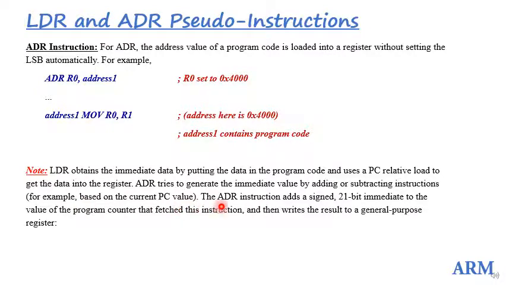The ADR instruction adds a signed 21-bit immediate value to the value of the program counter that fetched this instruction and then writes the result to a general purpose register. Because of this, using the ADR instruction you cannot load a memory location which is very far away from the current instruction. So these two instructions, LDR and ADR, help you load a 32-bit immediate data using a single instruction, which is otherwise not possible.